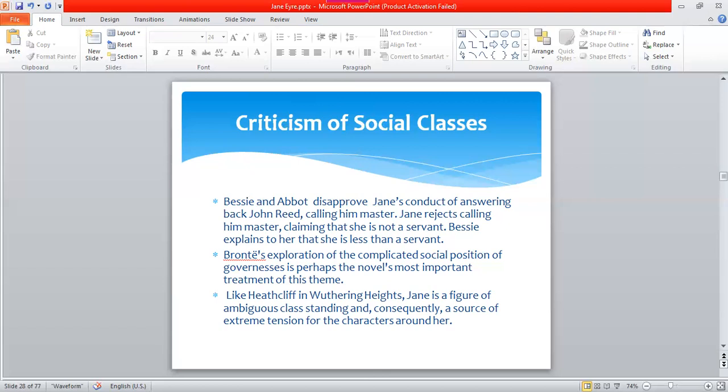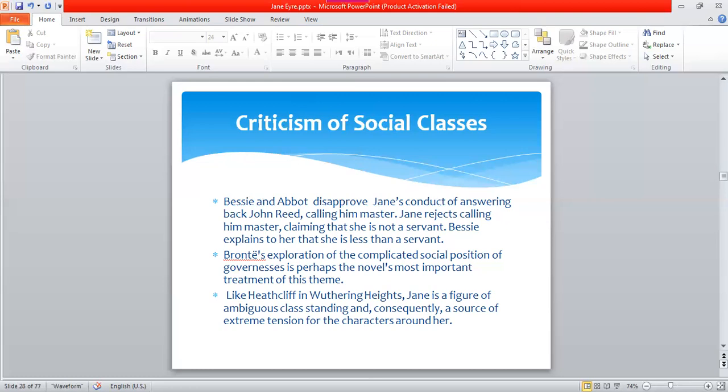Jane is a figure of ambiguous class standing, or Jane's social class constitutes a riddle or a problem for her society, so that there is much tension or much conflict around her.